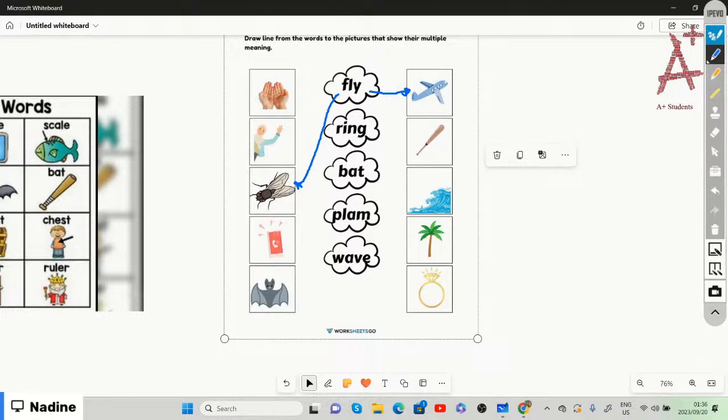Then we have ring. Ring. And the first ring is where your cell phone rings. And the second one is a diamond ring.